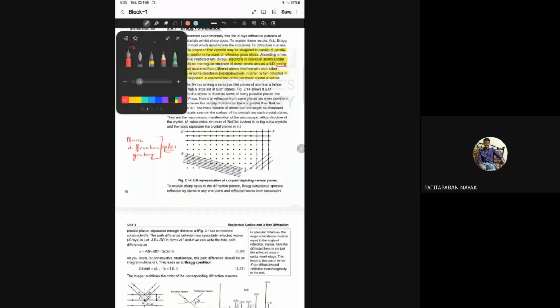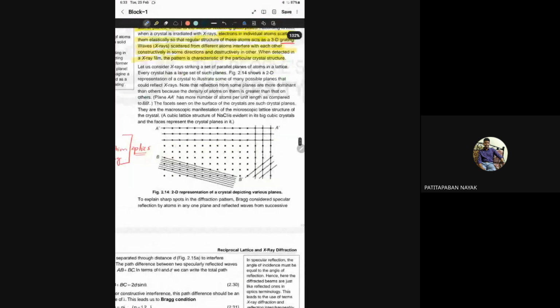As we discussed in the case of indices, if we have atoms or bases like this, then we can draw lines or planes, and these planes are characterized by H, K, and L. The HKL value for this set of planes is quite different from this set of planes, and quite different from this set of planes, isn't it?